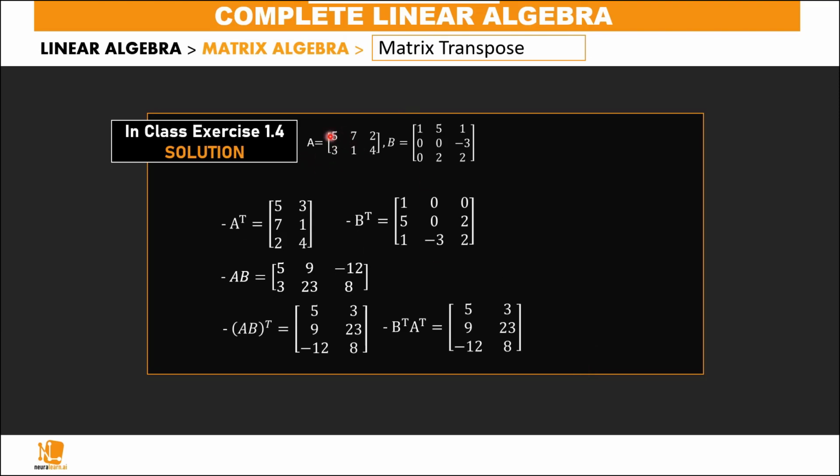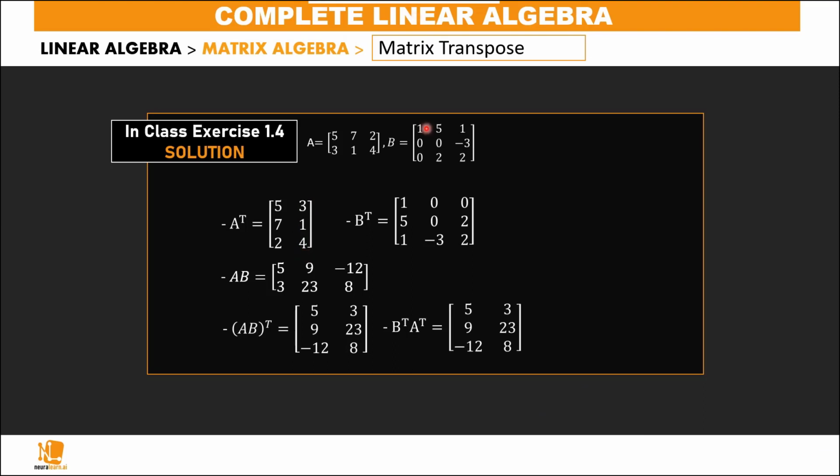With A being a 2 by 3 matrix, A transpose should be a 3 by 2 matrix, which is the case. Now, notice that 5 7 2, which represents the first row of A, becomes the first column of A transpose, and 3 1 4, which represents the second row of A, becomes the second column of A transpose.